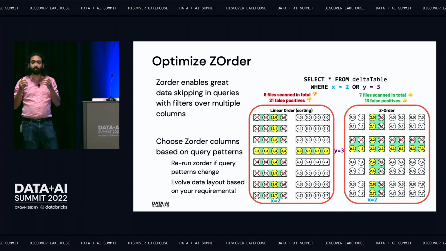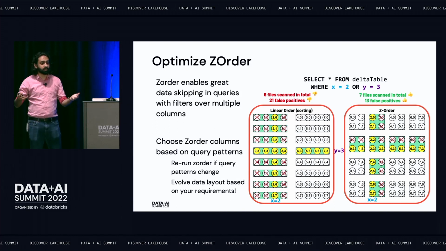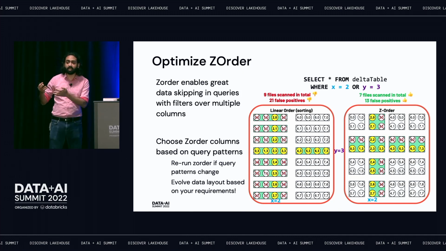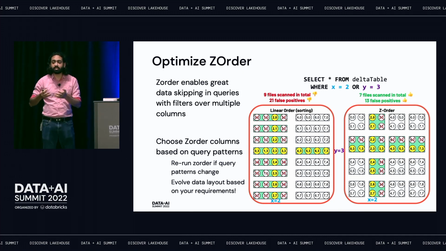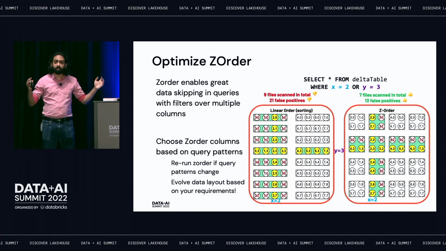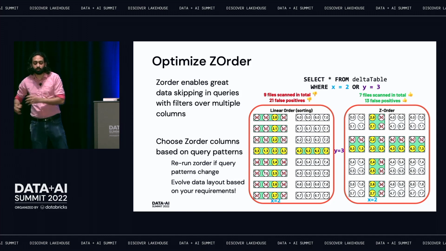You pick which columns you want to z-order by based on your read query patterns, what columns you are filtering mostly by. And if that changes, you can very easily z-order your data in a different layout. And you can do it either on an entire table or even within partitions. So each different partition can have a different type of z-order.